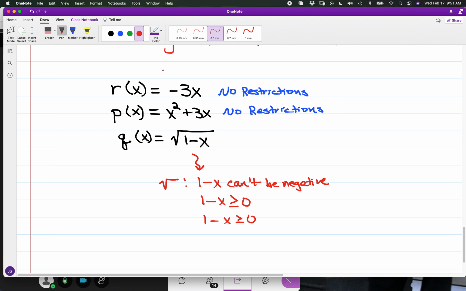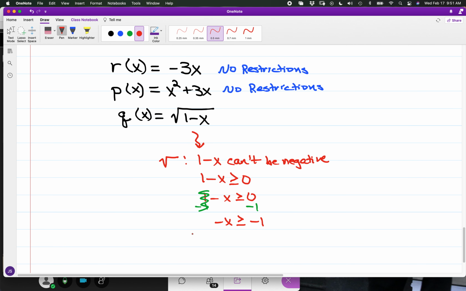And in terms of expressing what we have along the lines of x, so taking 1 away from both sides, so we have that negative x is greater than or equal to negative 1, and then we have expressing in terms of positive x.